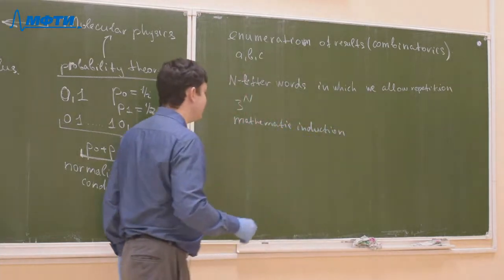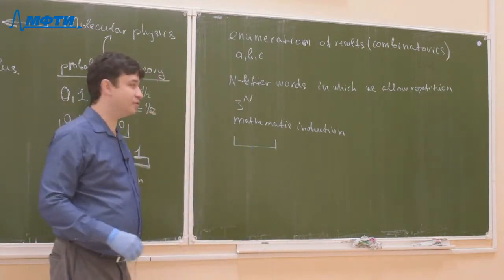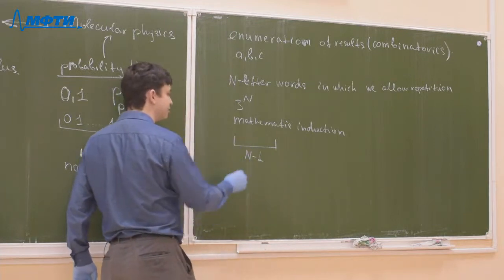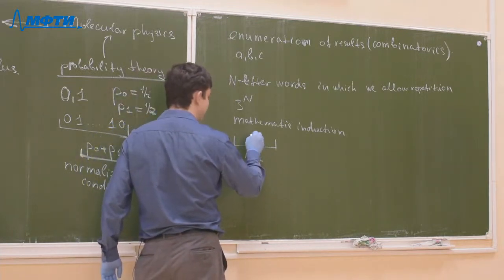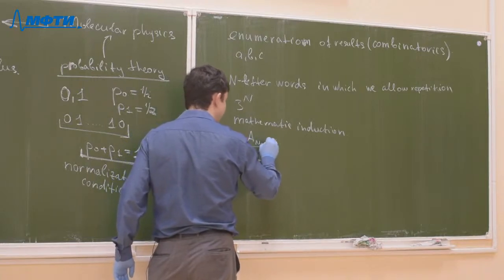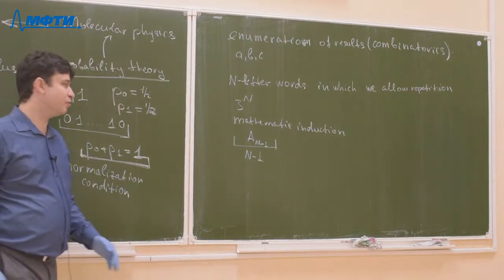And you say that if you have previously counted the number of words which are composed of n-1 letters, so we'll call them A of n-1, then how many words will be composed of n letters?